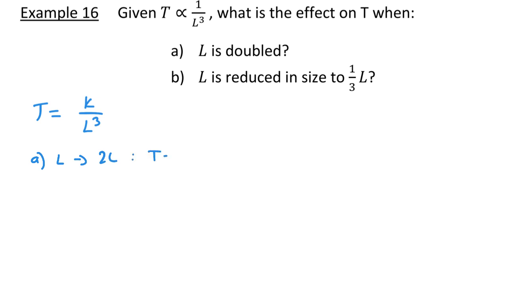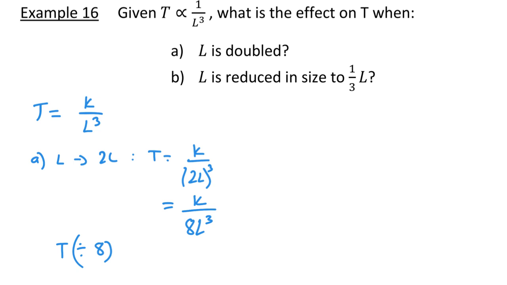So that means that t is going to equal k over 2L cubed. So that's k over 8L cubed. So we need to cube the 2 and the L. And then to get from k over L cubed to k over 8L cubed, what we've done to t is we've divided it by 8.